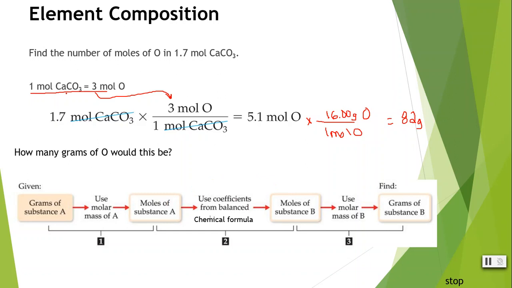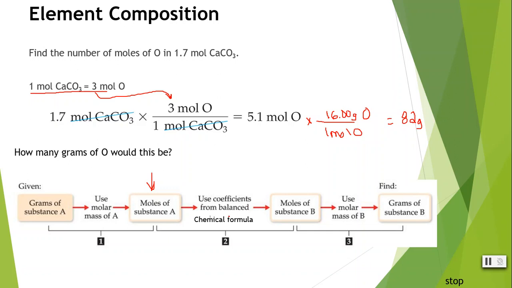In this problem, we were given moles of some substance. We were given moles of A. I needed to find moles of B, or moles of oxygen, and then grams of oxygen. And I did that by going from moles of calcium carbonate to moles of oxygen, using those coefficients of the formula. Then moles of oxygen to grams, using that substance's molar mass.